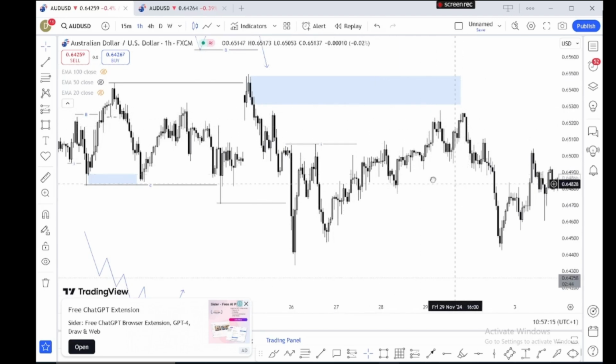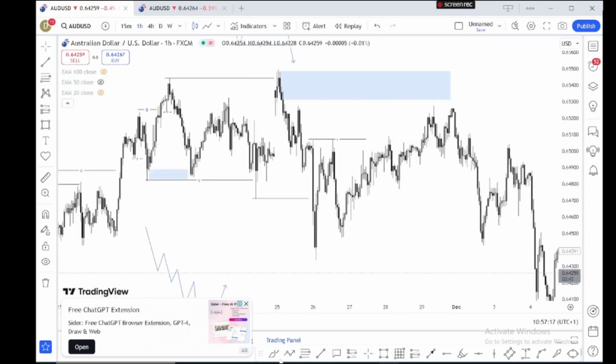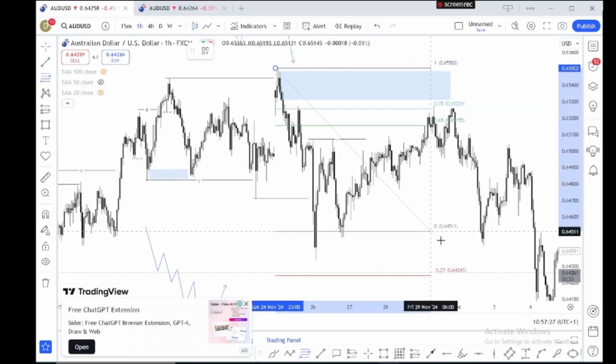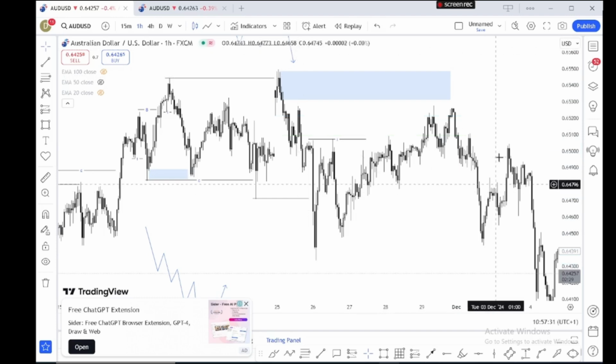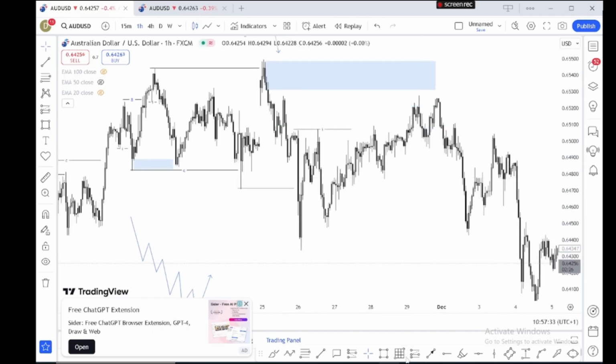So it gave direction. I say, okay, if that's the case, let me check how much pullback this level has done. I want to see if it's up to 60%. This has done about 75%. So I say, okay, if that's the case, I have to engage in this trade.